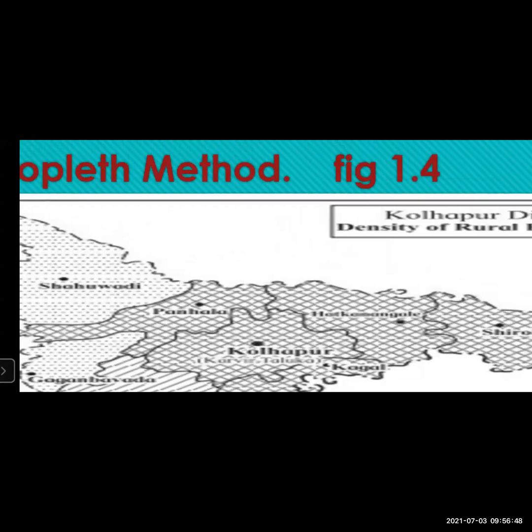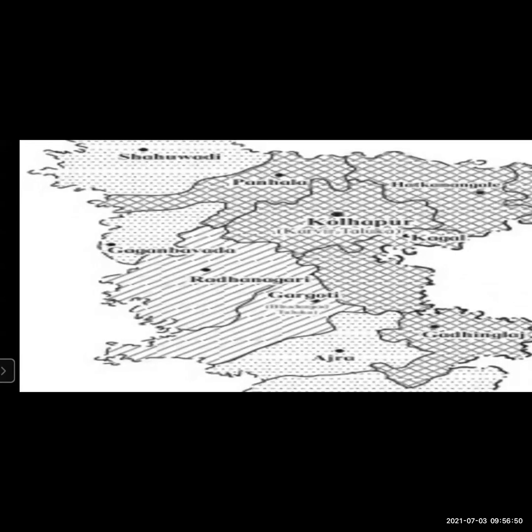Now we'll go to question number 4. Name the talukas with a population density of more than 400. What pattern is given for more than 400? The pattern is of grids; the first class is more than 400. If you observe the map carefully, you will see a lot of places with the grid pattern, so the population density is high there.